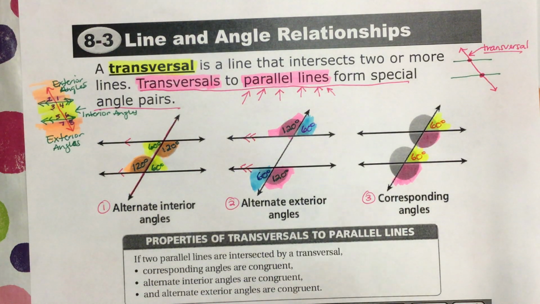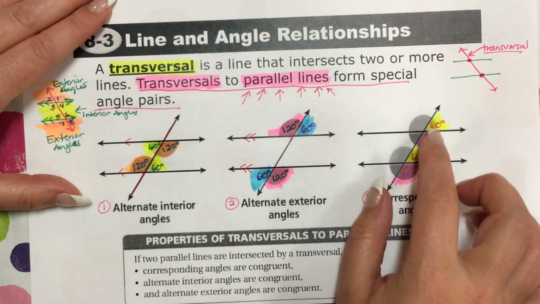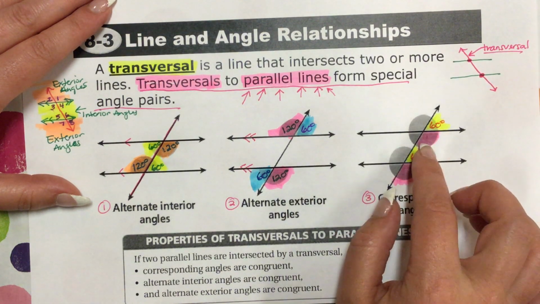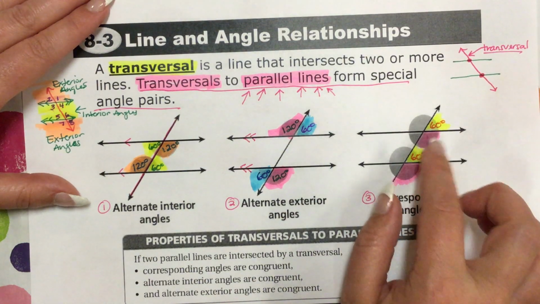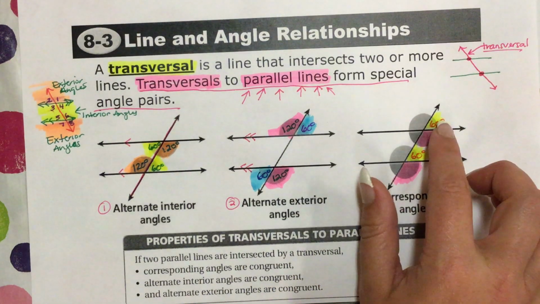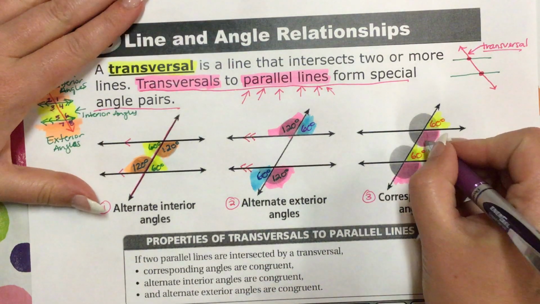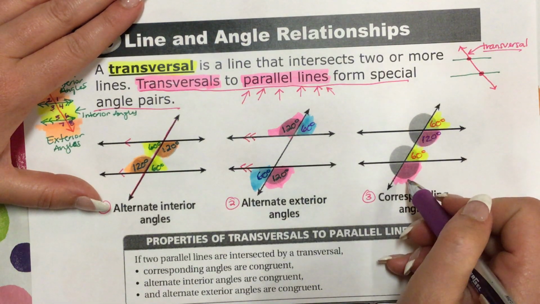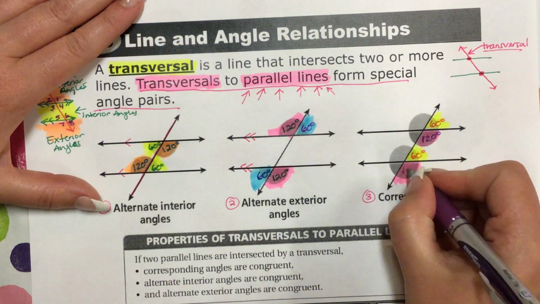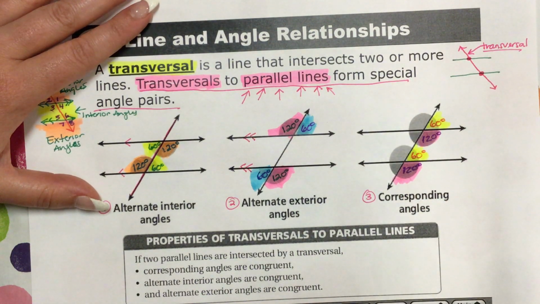We can figure out what it is because of these intersecting lines, and we know that these two adjacent angles are supplementary, which means they add up to 180 degrees. So if this is 60, we automatically know that this one's going to be 120 degrees, which means that its corresponding angle is also going to be 120 degrees. Right there. Do you see that?